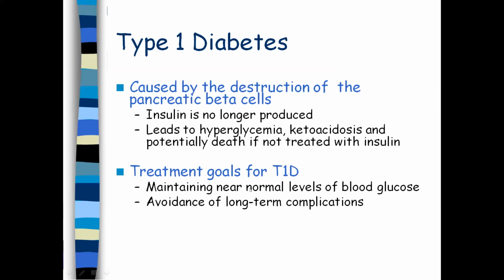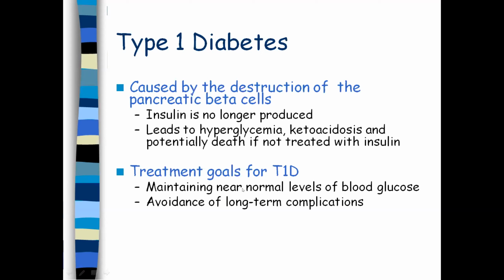So type 1 diabetes is an autoimmune disorder mainly caused due to destruction of pancreatic beta cells. Due to the destruction of pancreatic beta cells, insulin will no longer be produced, and due to non-availability of insulin, it may lead to hyperglycemia, ketoacidosis, and potentially death may occur if a patient is not treated with insulin.